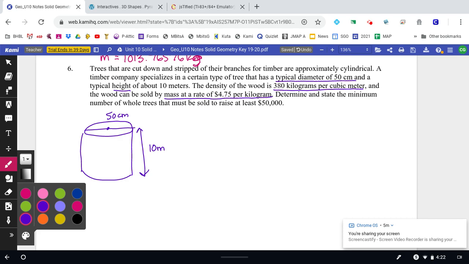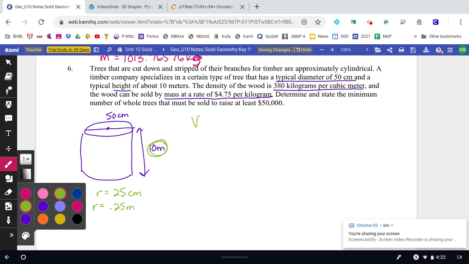All right, so first we want to convert all of this into the same unit. If this right here is in meters, let's make them both into meters. My radius is actually 25 centimeters, which means my radius is 0.25 meters.